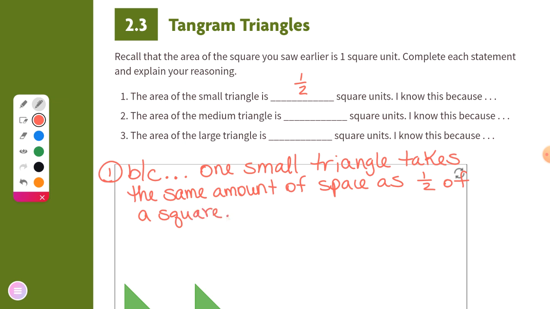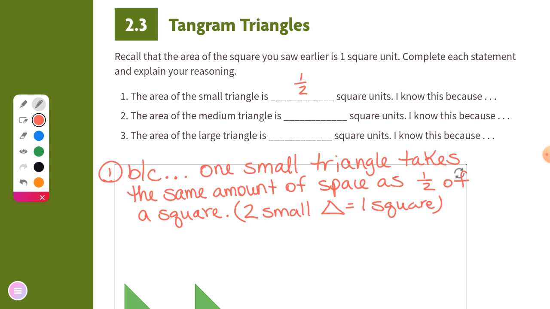And then we're going to add in parentheses what Livy said, 2 small triangles equal 1 square. So Livy, you said the same thing, just a different way. Since it was asking about 1 small triangle, I wanted to say something about 1 small triangle in my reasoning instead of pushing 2 of them together.